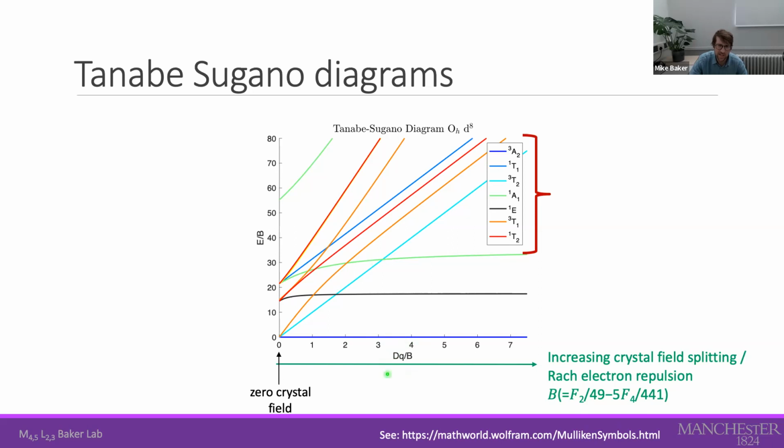But our units here are Dq over B, the crystal field splitting divided by B, where B is a Racah electron repulsion parameter, which is directly related to the Fk that I explained before. So this uses slightly different nomenclature. And again, on the y-axis, we're on an arbitrary scale based on E over B.